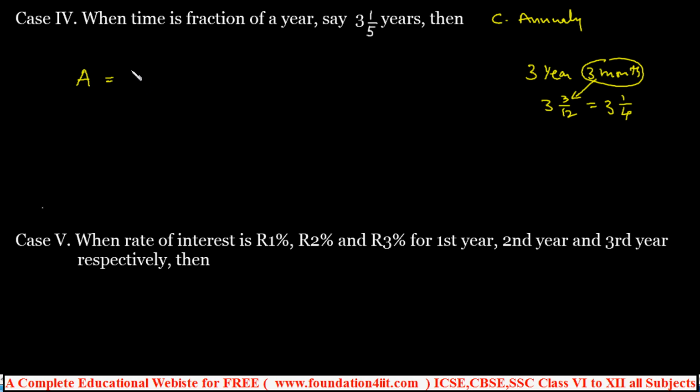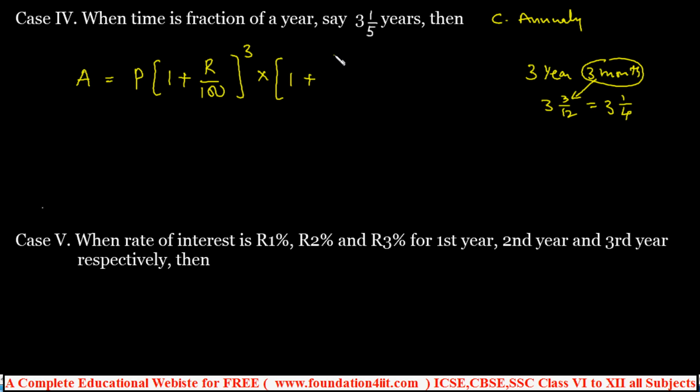In this case, first A is equal to P into 1 plus R by 100, rate of interest by 100. First we will take it for the 3 because 3 years. This is the fixed years, so keep it with the power. And next, for the time 1 by 5, 1 plus TR by 100.